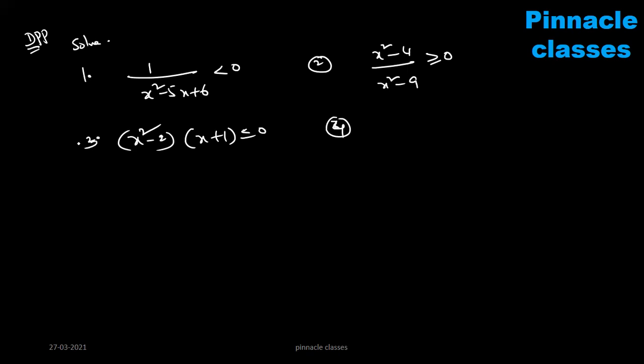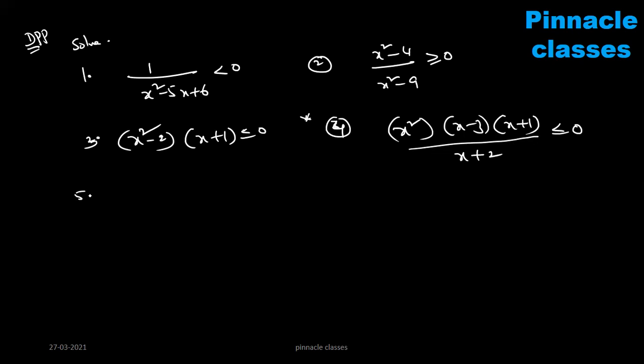Third one: x square into x minus 3 into x plus 1 by... Fourth one is a variety question. See carefully. By x greater than 0. So you can try this yourself.